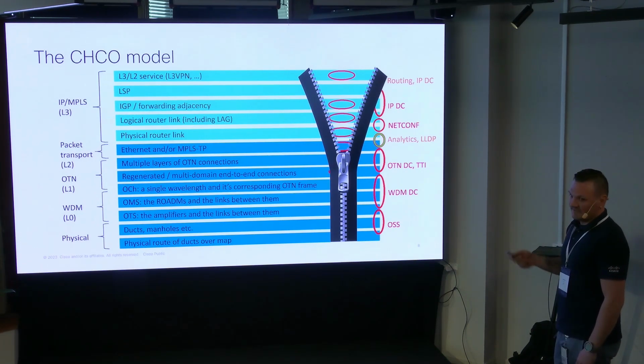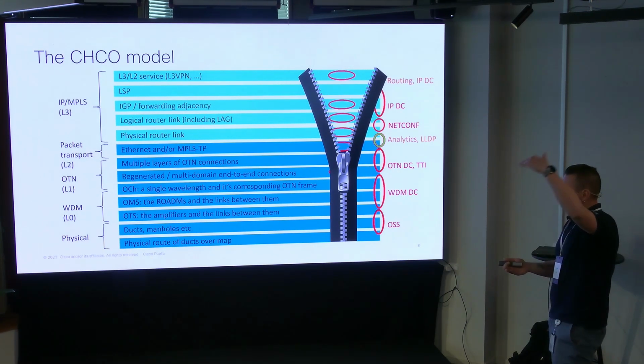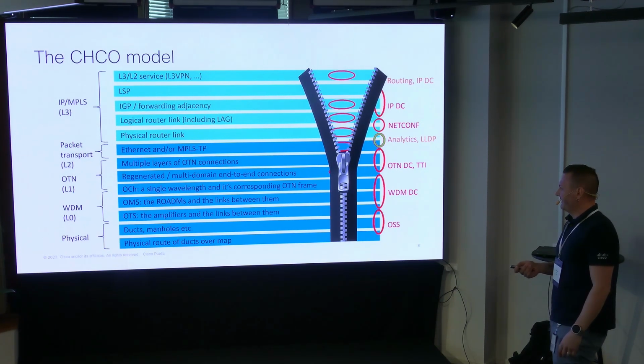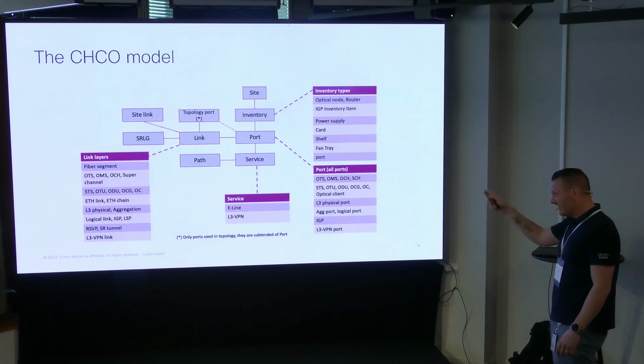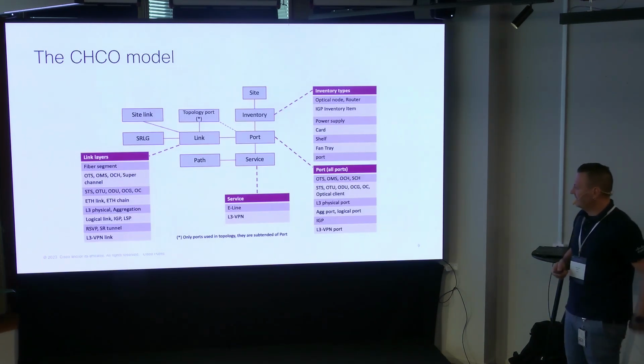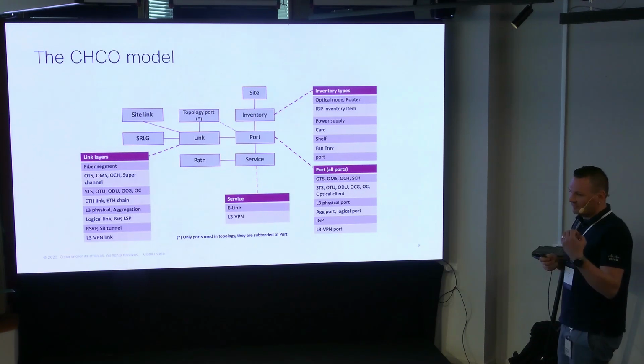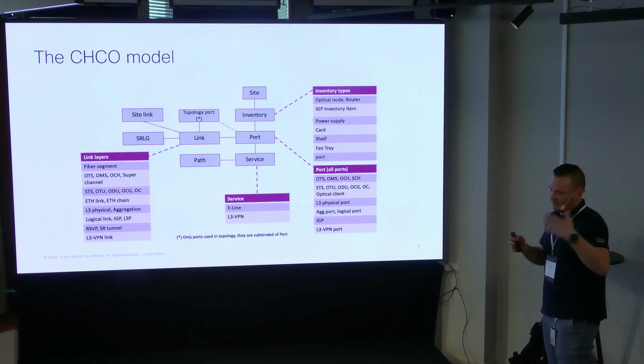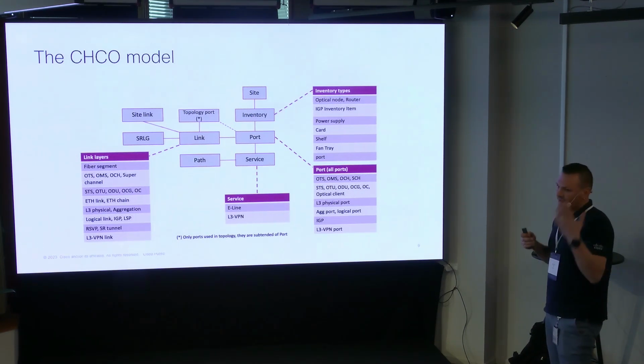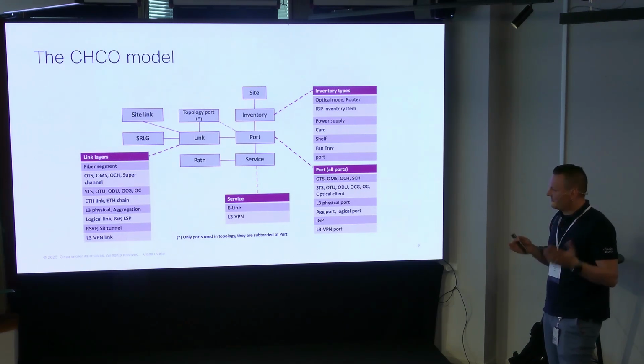Again, this is the model of HCO. We go from physical up to the service that you transport over that, and this is what will end up in the database model. It's also a slide shown earlier today in Muti's session. This is the database that you can then ask your questions, either going back in time, or doing root cause analysis, asking questions that are really complex.